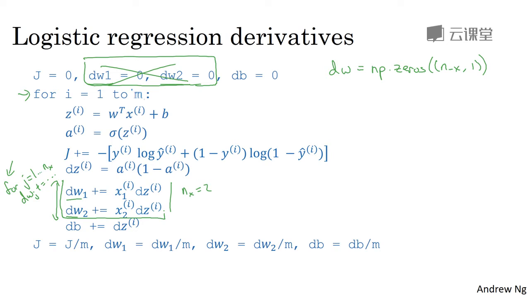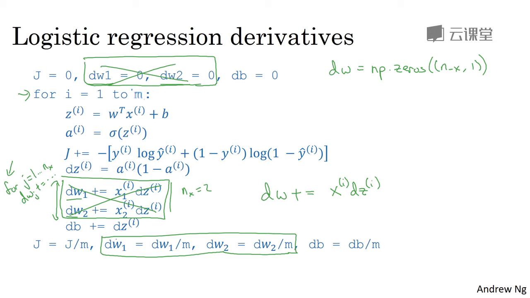Then here, instead of this for loop over the individual components, we just use this vector-valued operation, dw plus equals xi times dzi. And then finally, instead of this, we will just have dw divided by m. So now we've gone from having two for loops to just one for loop. We still have this one for loop that loops over the individual training examples.